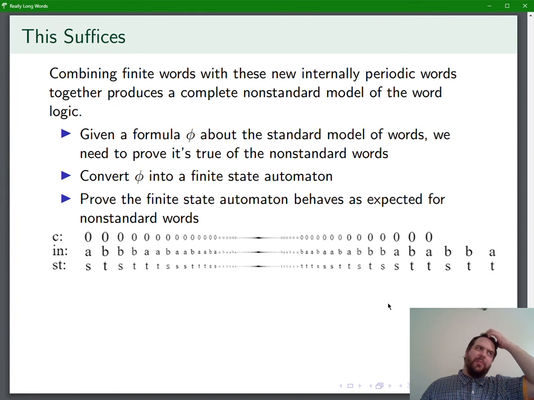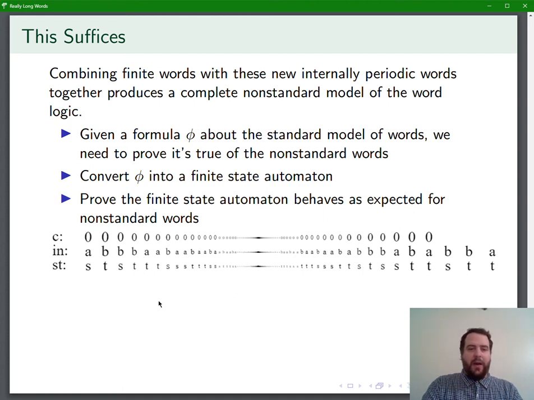And kind of the logic behind this proof is that, well, let's consider what happens if you run some sort of word like this through a finite state automaton. Well, we have kind of this random behavior at the beginning, and that's going to produce some random behavior on the states. And then eventually the input is going to become periodic.